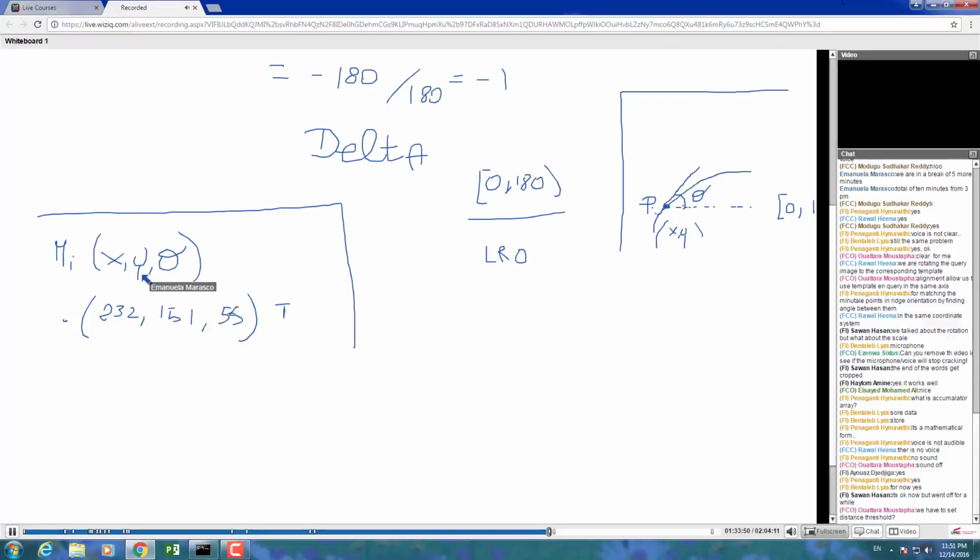Because they have to correspond, we are considering corresponding minutia only. So the counter will increase when we find a pair of corresponding minutia.